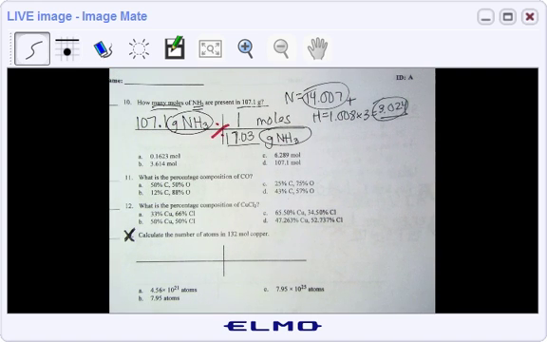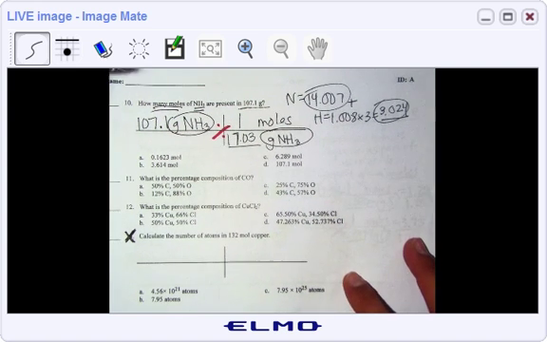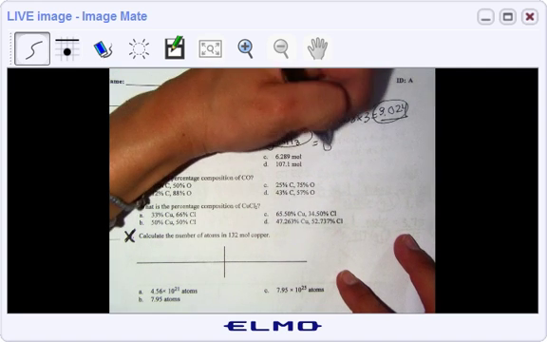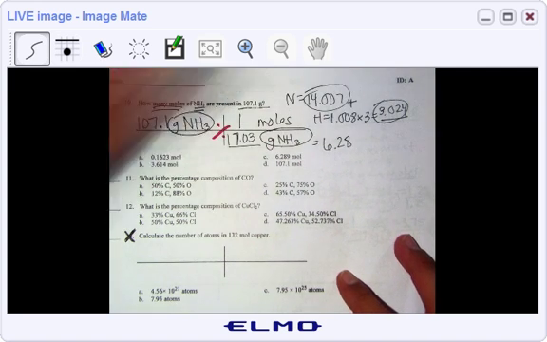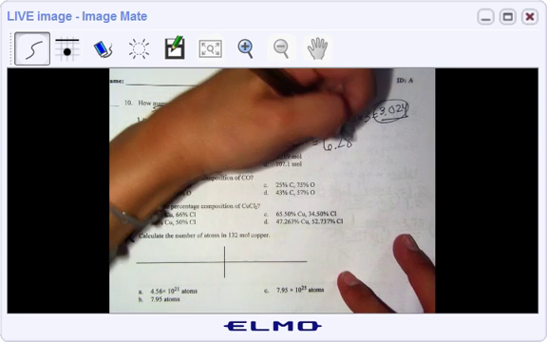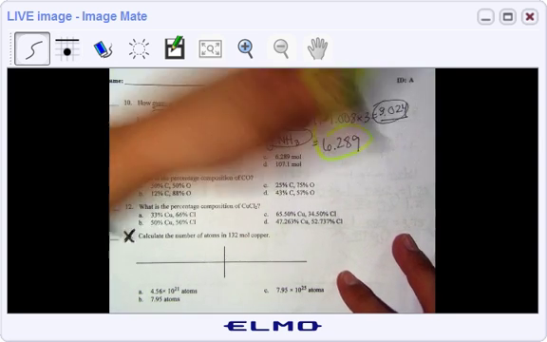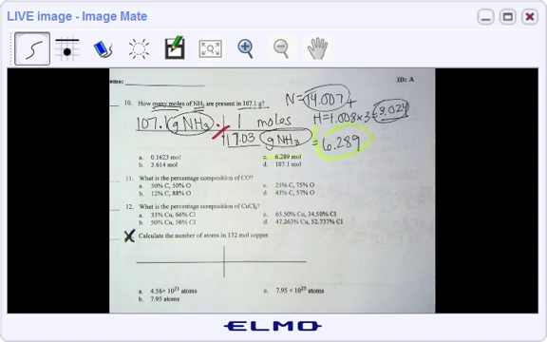Divide. Okay, go ahead and divide them. What did you guys get? 6.289. So out of the multiple choice options, we're going to be C.